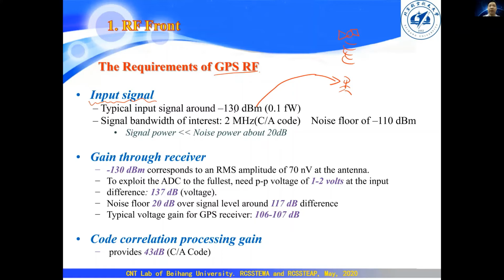This is a unit. It is likely to be 0.1 femtowatt. Do you know watt? Watt is the power unit. So 0.1 femtowatt.